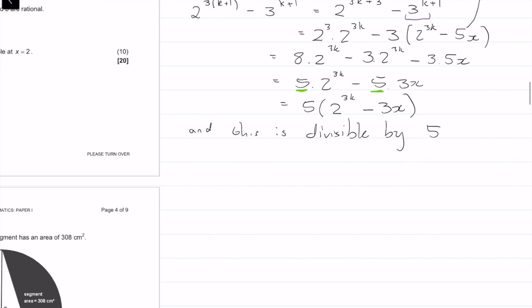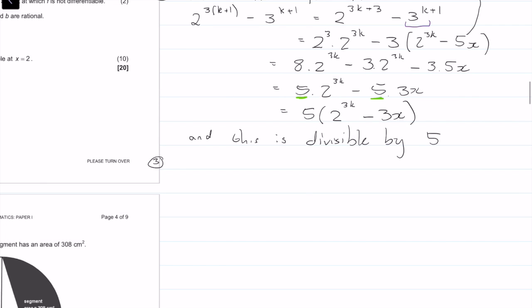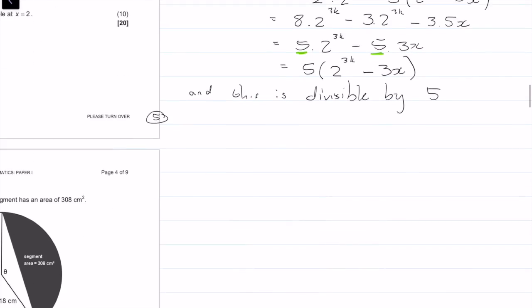Then the last thing we need to do, the fifth step, is to make our statement.